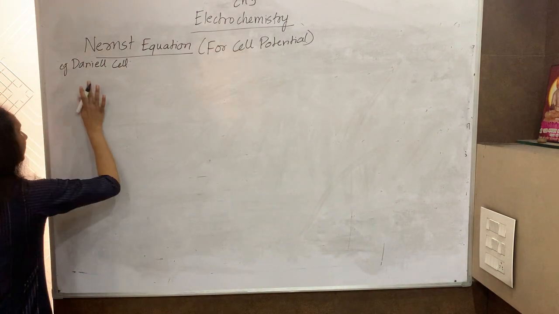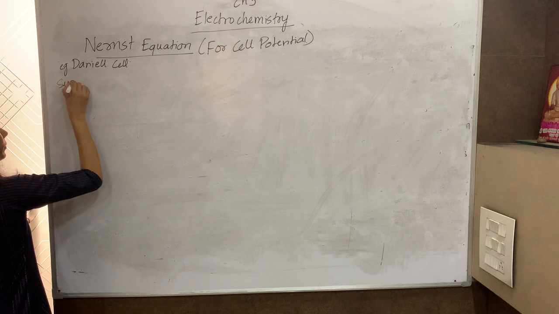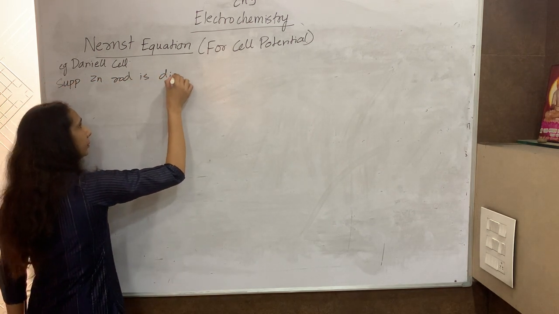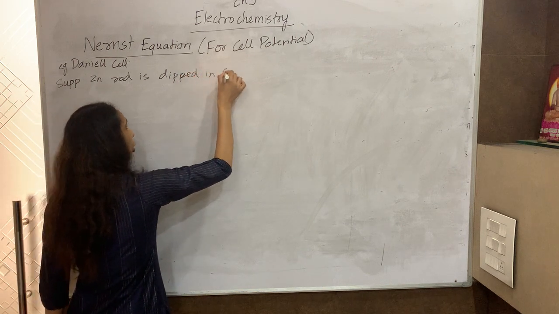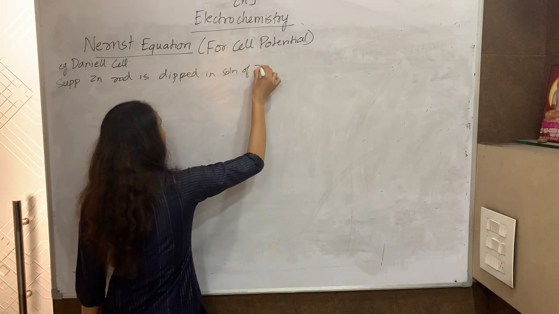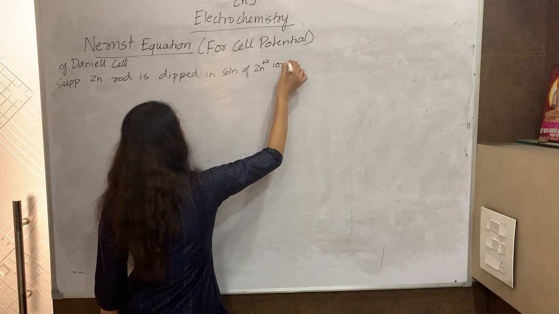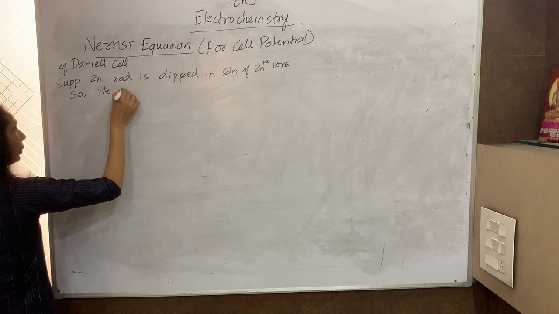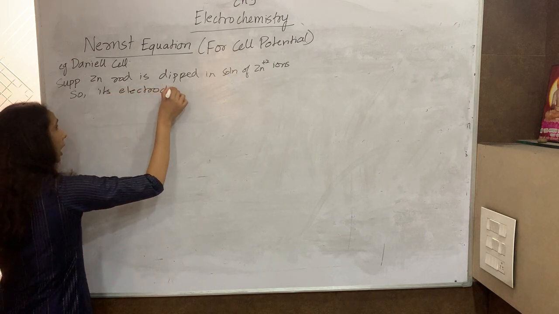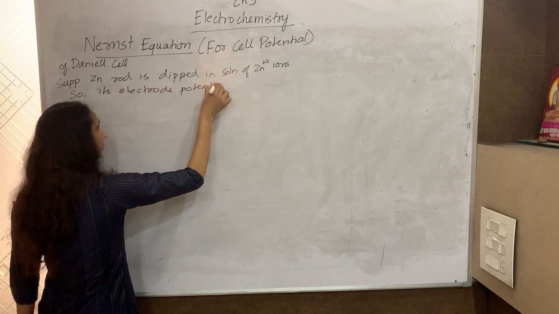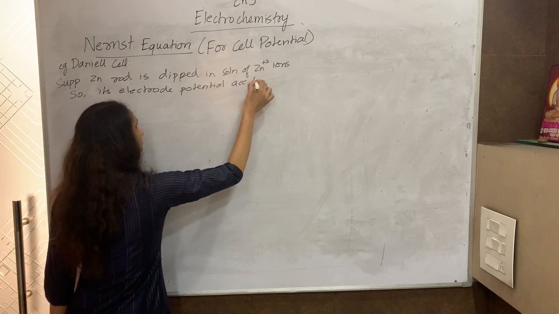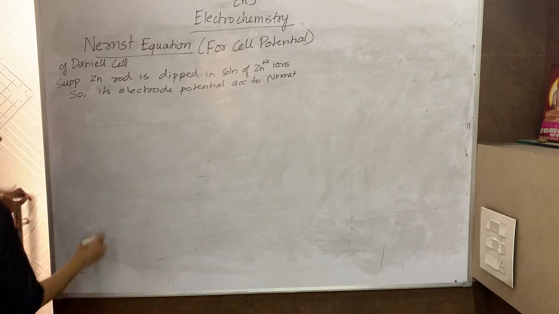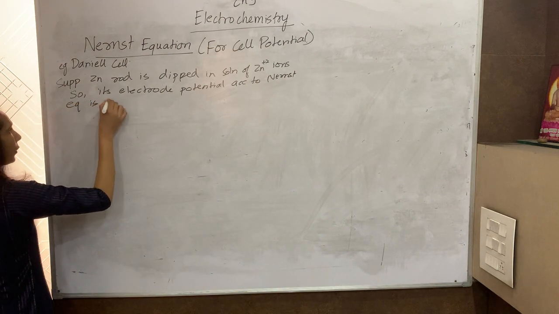So I consider, suppose zinc rod is dipped in solution of zinc ions. Its electrode potential according to Nernst equation is given as follows.